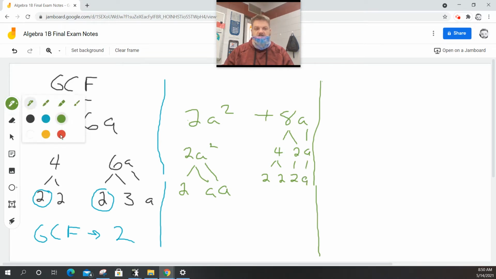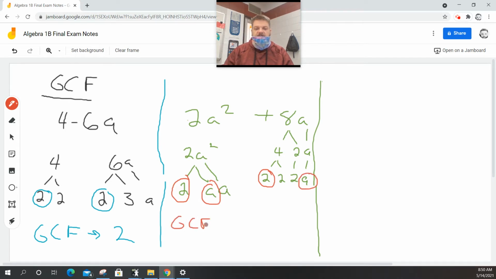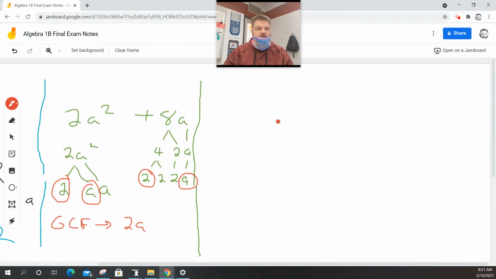So on this one, I have 1, 2. That's what they have in common, and they both share an a in common. So the greatest common factor that they have is 2a. So far, so good.